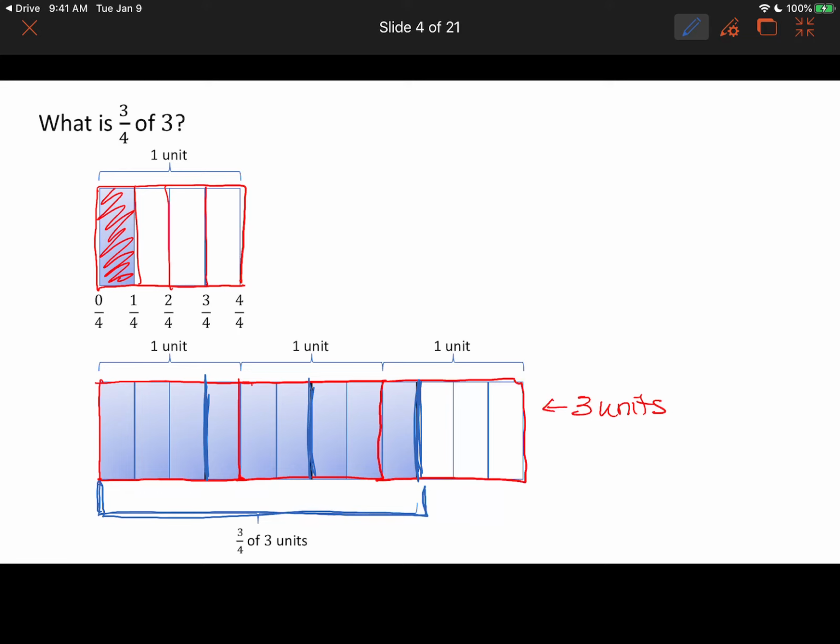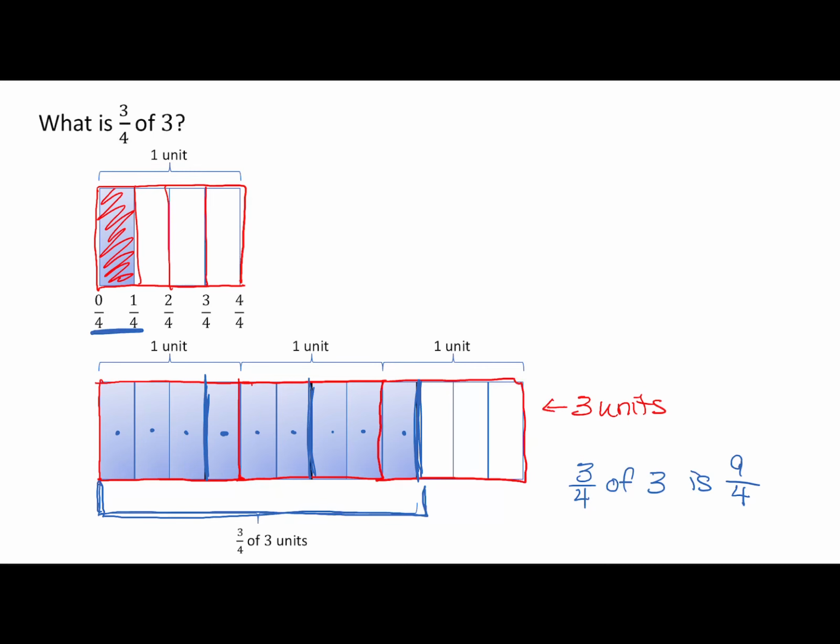Okay, so what is that made up of? Well, let's count. I have 1, 2, 3, 4, 5, 6, 7, 8, 9 of these equal-sized pieces, which I said were 1/4. So 3/4 of 3 is 9/4.